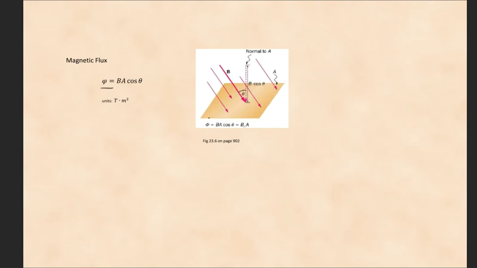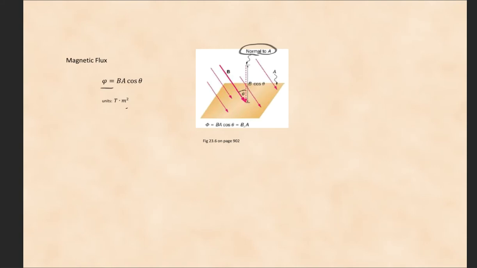So I have a plane here, a little rectangle, and the perpendicular to that rectangle is what we define as the direction of the area. So then we can talk about B times A times cosine theta, where theta is the angle between B and the normal to A. That's shown in the picture here.